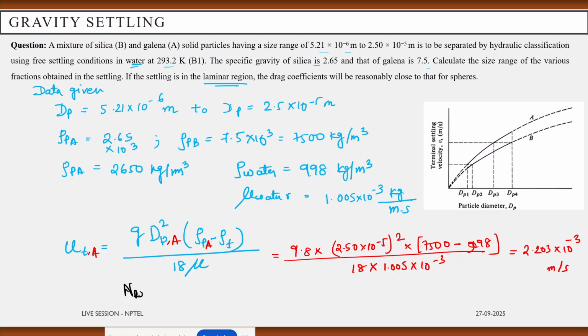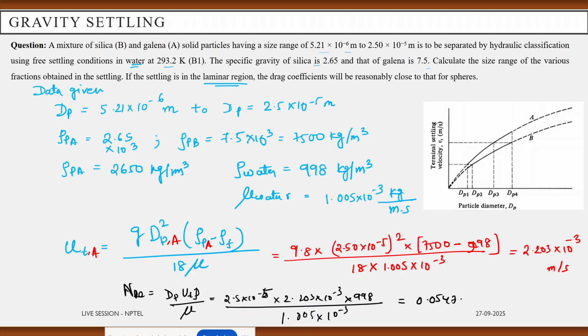We can quickly calculate. This value becomes 0.0547, which is obviously laminar.